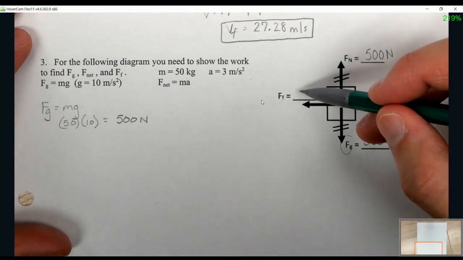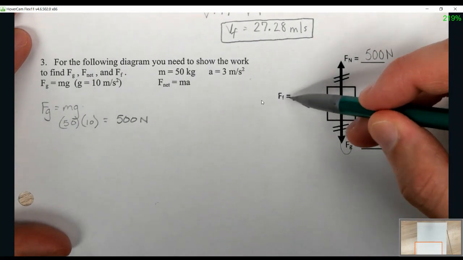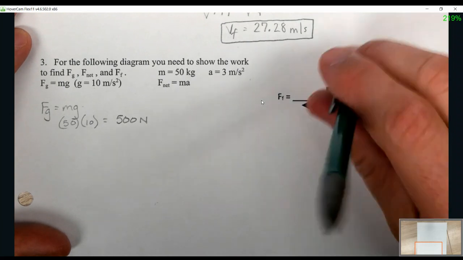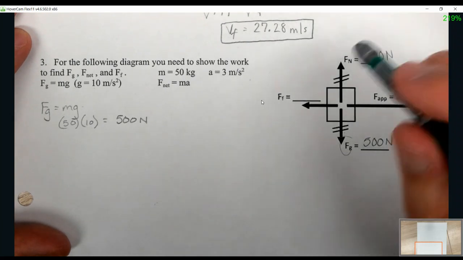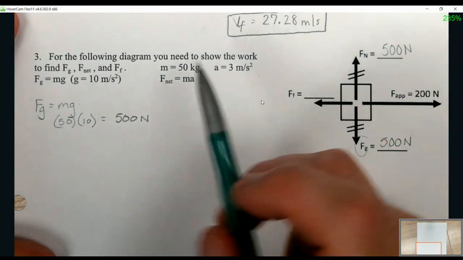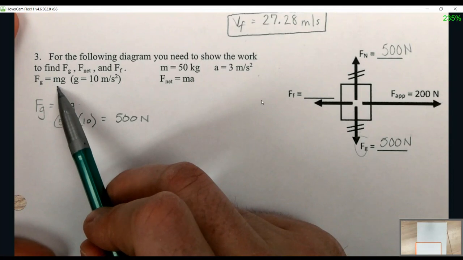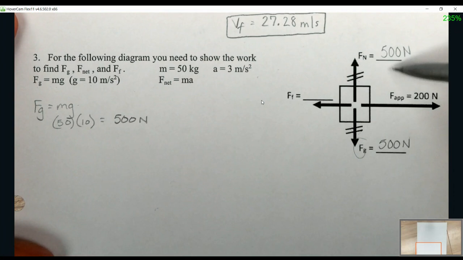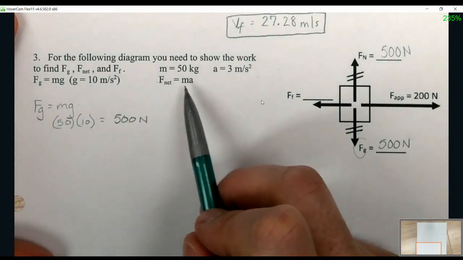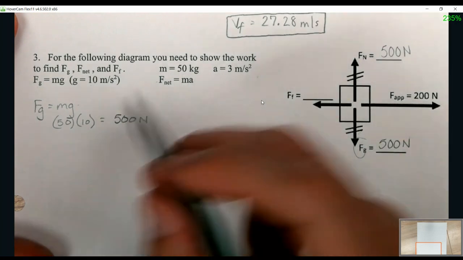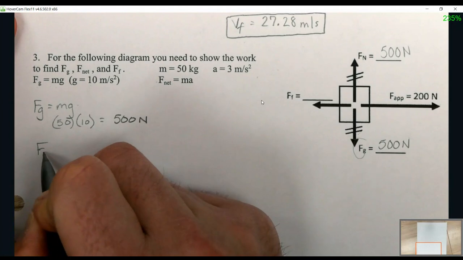Now I'm not sure what to do. Right now I don't see an equation for FF. Well, that would tell you that's a hint. You're not necessarily going to use a separate equation for it. But what other equation is listed? Fg. Fn wasn't listed, but the two equal signs should tell you that they're equal. The only other equation that's given is the net force. The net force is equal to mass times acceleration. We have mass and acceleration. So that's going to be something you're going to do next.